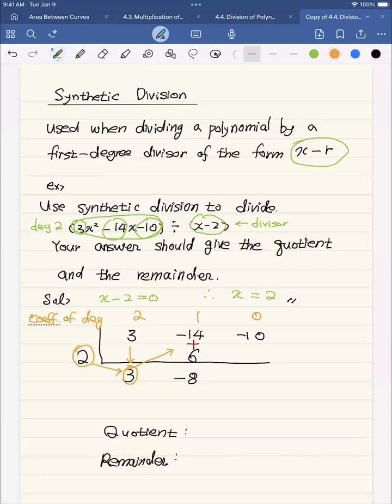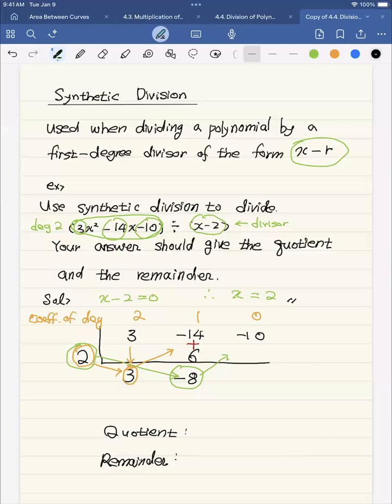Then we forget what happened previously and we solely focus on the relationship between negative 8 and 2. And then we multiply these two numbers and locate it in the second line.